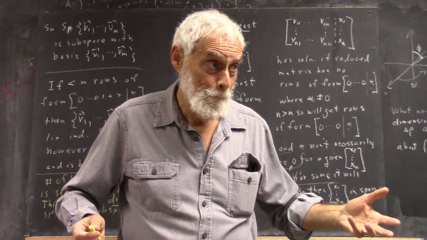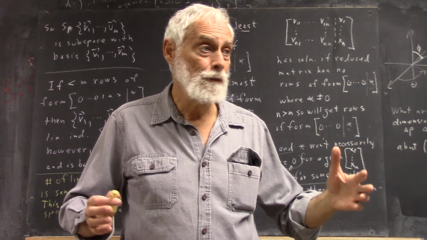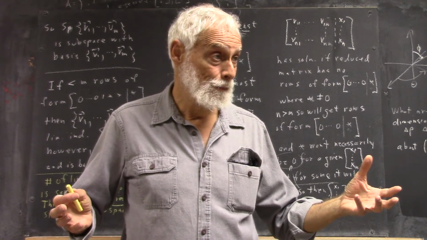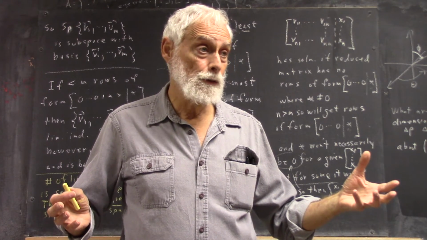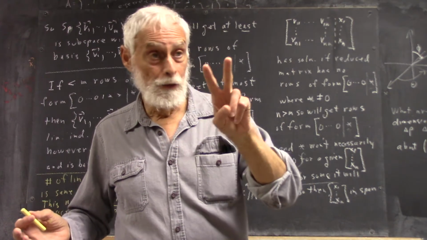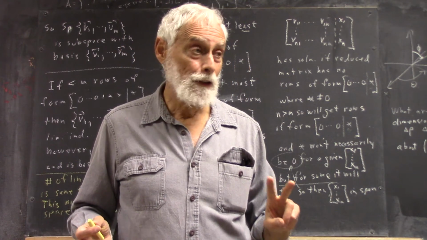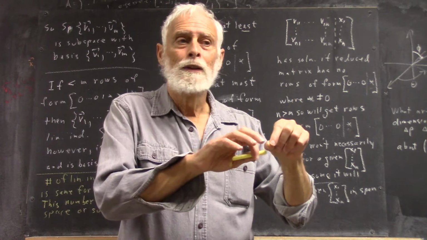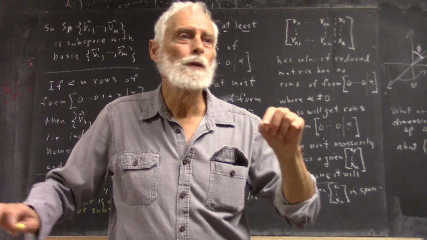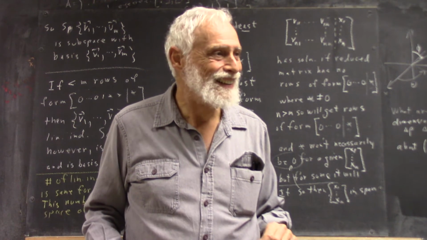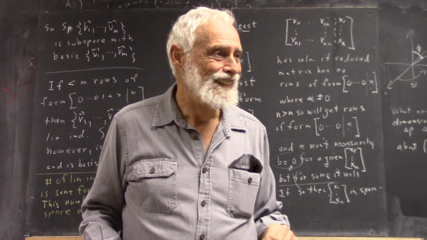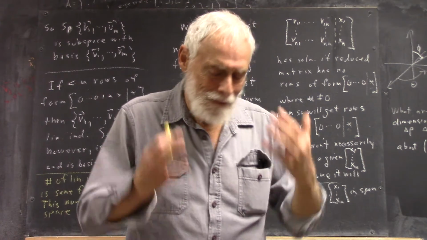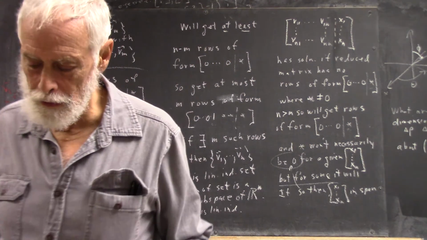So if you've got any number of vectors that span R2, you can always reduce that set down to 2 vectors that span it. Now, it might be that you have 1 vector and then another vector and then 12 more vectors that are all multiples of the second one. Well, any one of those 12 with the first one would span. I want you to think about that visually a little bit.